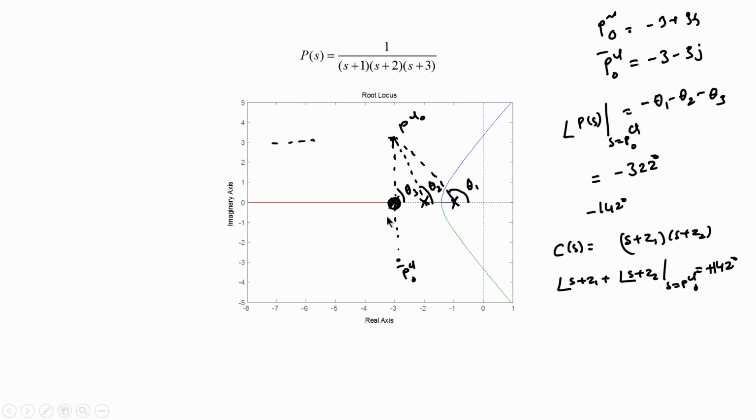In other words, this controller 0 Z1 essentially cancels the plant pole at s equal to minus 3. Now, if you notice, this 0 subtends an angle of plus theta 3 at the point PCL naught, and a simple observation will reveal that theta 3 is equal to 90 degrees, and therefore the angle of s plus Z1 at the point PCL naught will be equal to 90 degrees if I choose Z1 to be equal to 3.